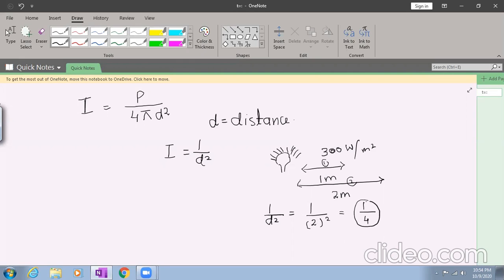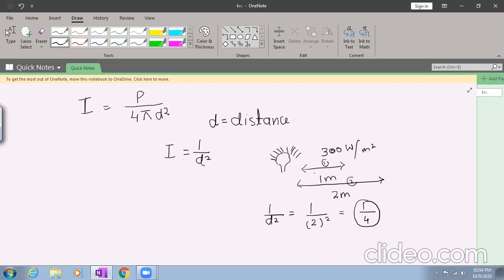What does this 1 over 4 mean? It means that if you double the distance from the light source, the light intensity will decrease by a factor of 4.